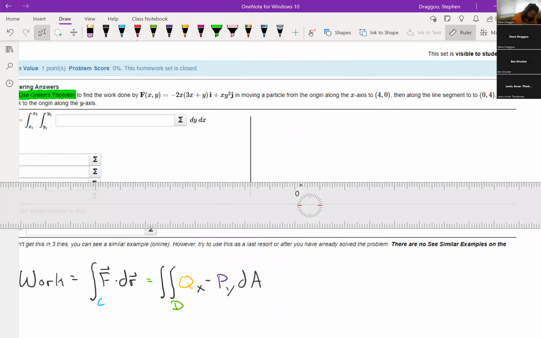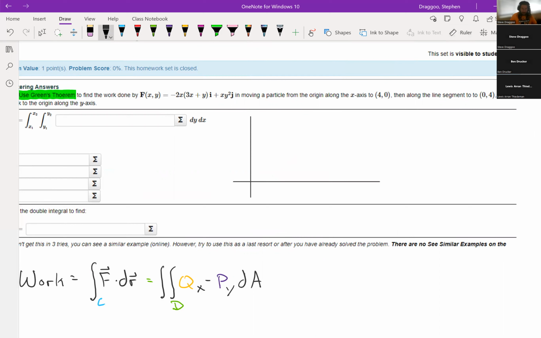So I'll plot them real quick. I need to label some things along the axes. I want a 4 here. I want a 4 there. I'm going to start at the origin, go to (4, 0), go to (0, 4), and then return to the origin.